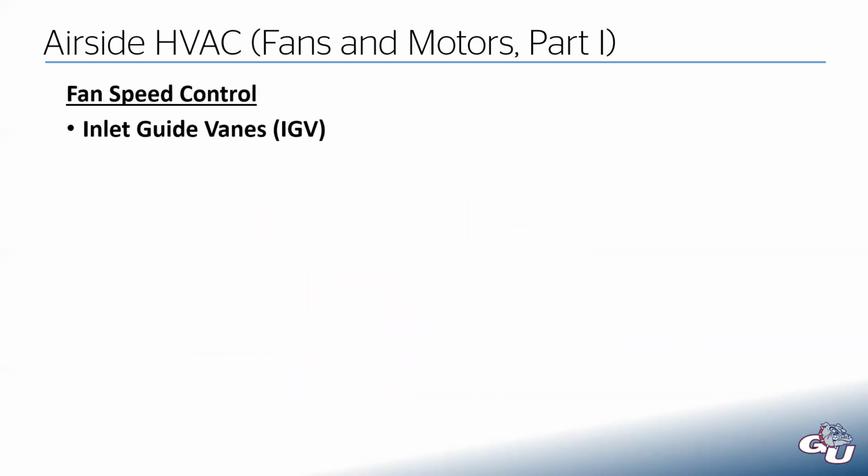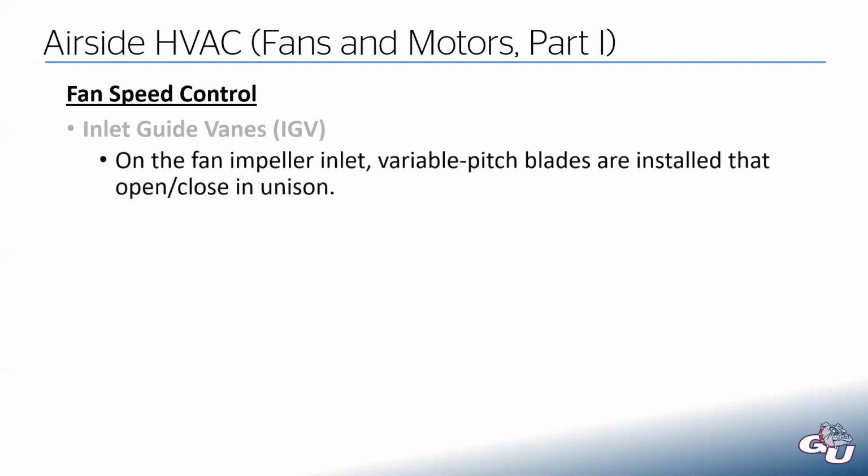The second method is using what's called inlet guide vanes. So on the fan impeller inlet, where we're pulling in air to the center of the fan impeller, you install these variable pitch blades that open and close in unison in a radial fashion.